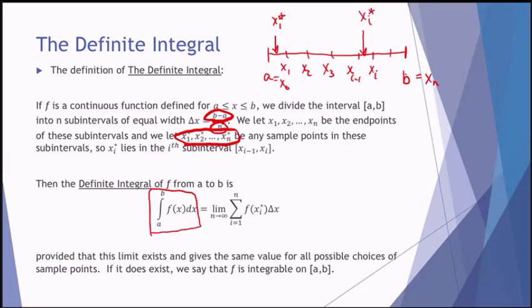Now this is of course provided that your limit actually exists and gives the same value for all possible choices of sample points. If it does exist, we say that f is integrable on A to B. For the moment, we're just going to assume all of that's true. We will, of course, discuss cases where it's not as we move forward. But for now, let's just take a look at the definition and the notation.